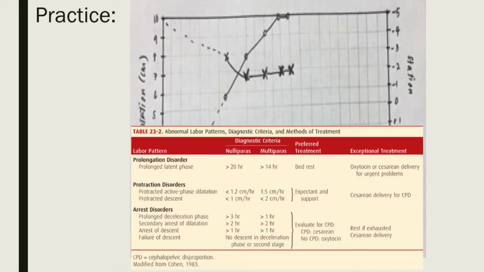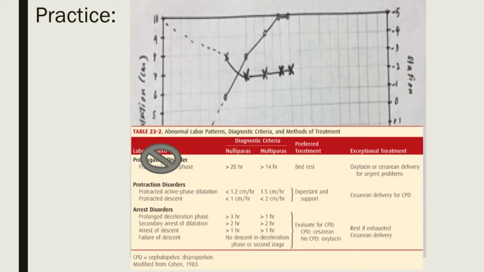As I've said, we have already ruled out prolongation disorder because this patient is already in the active phase at the time of your latest internal examination. So now the question would be, which abnormal labor pattern are we dealing with? Is it the protraction disorder or an arrest disorder? Now we're left with only two choices.